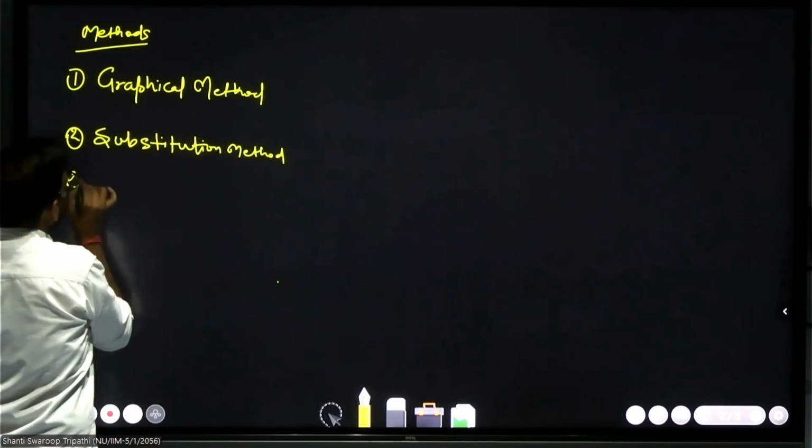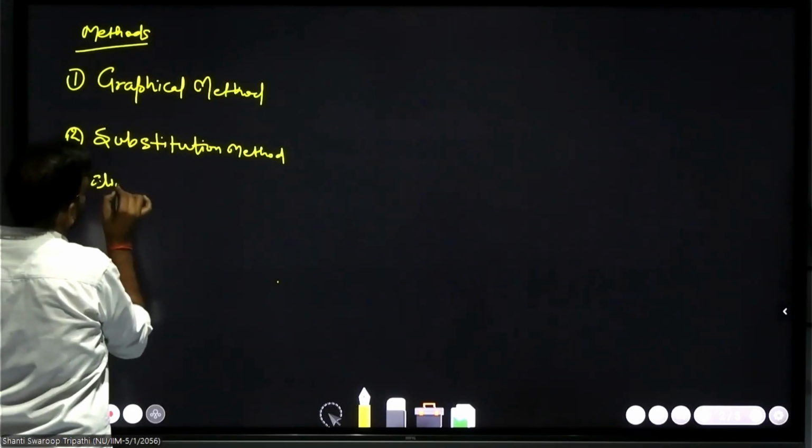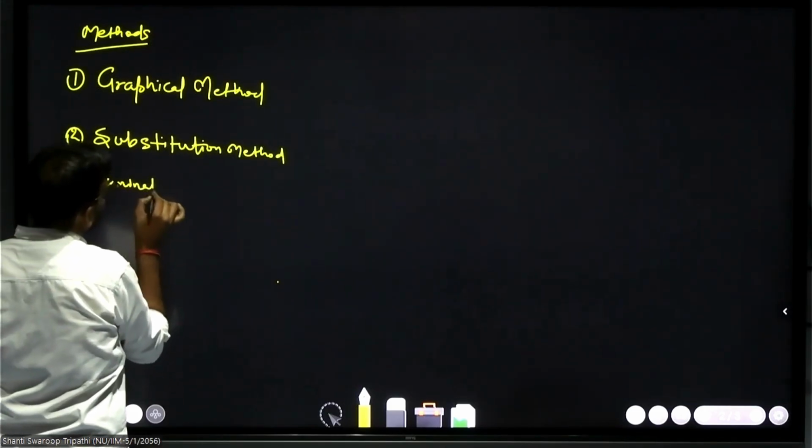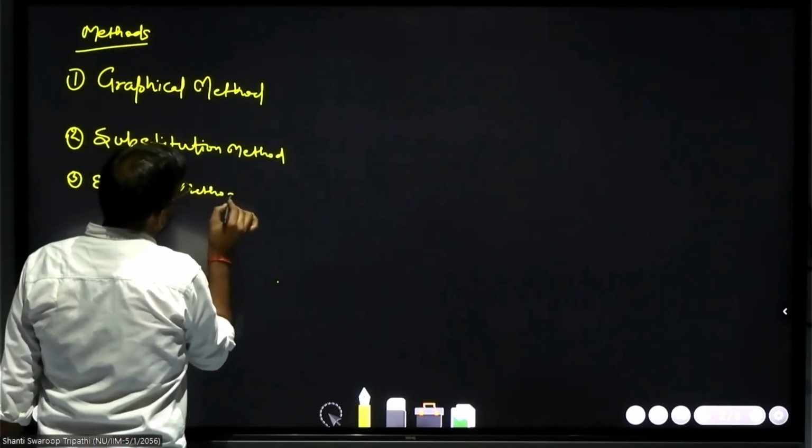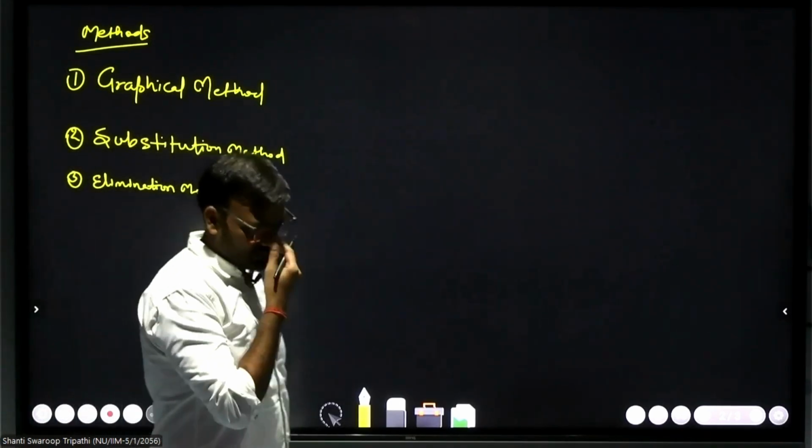And the third one is the elimination method.